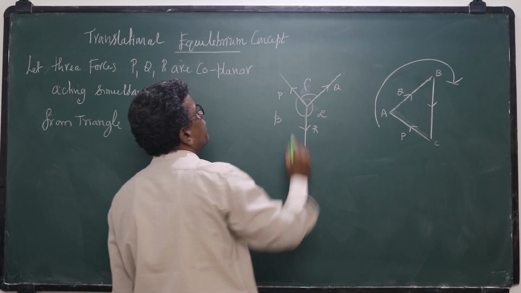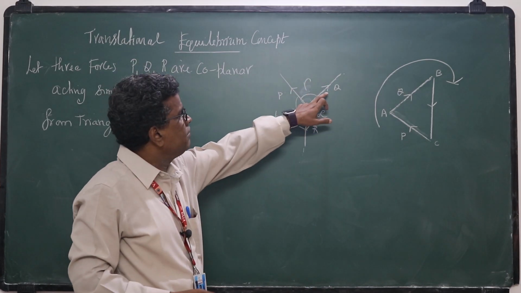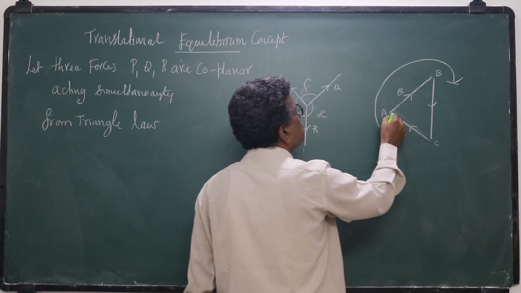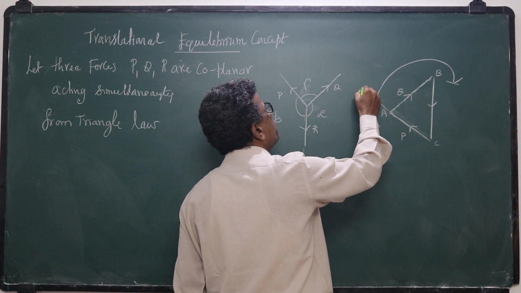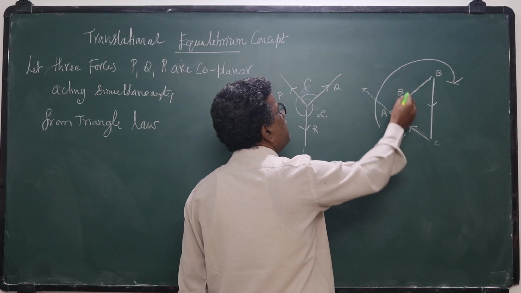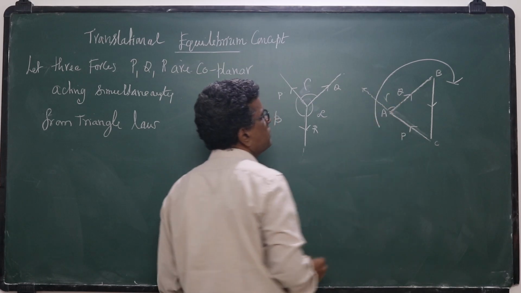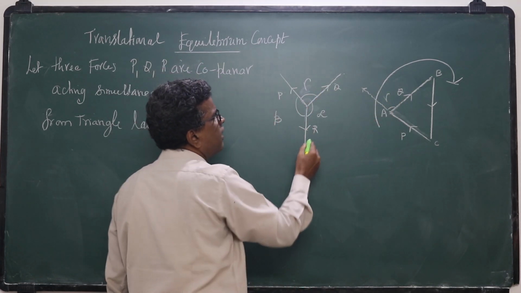I take it as gamma. The angle between Q and R, I take as alpha. The angle between R and P, I take as beta. Okay, these are the angles I assumed. Angle between P and Q: you extend this one, this will become P. So the angle between P and Q is gamma.